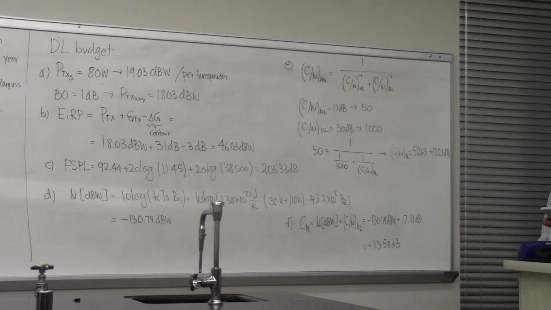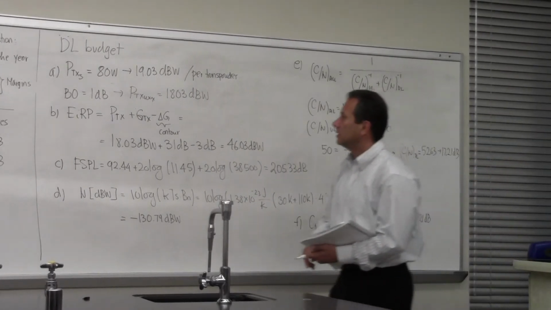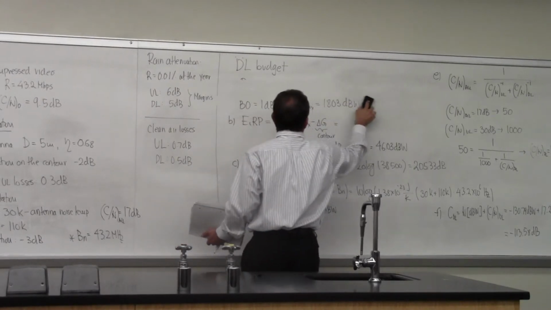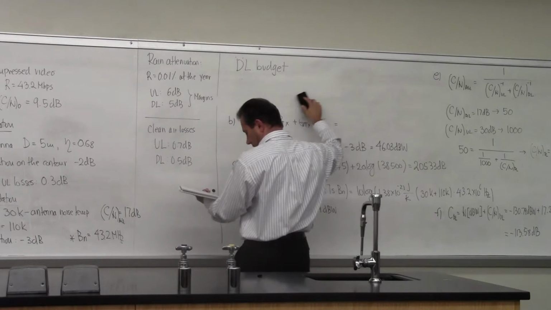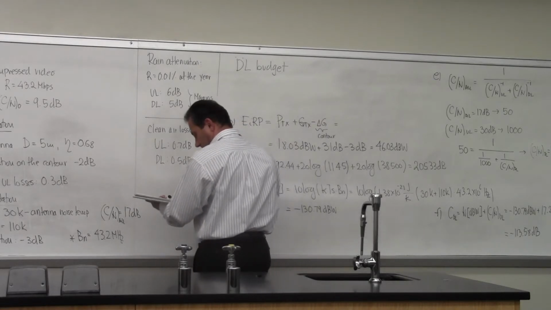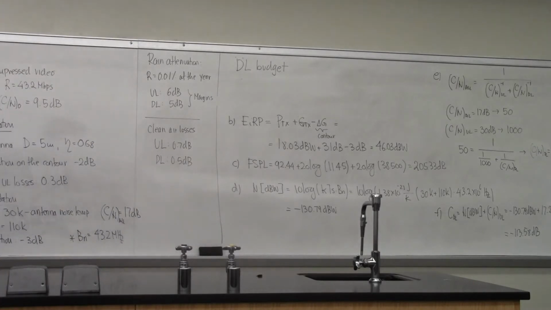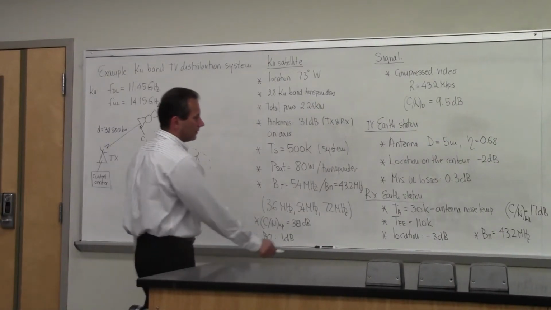So that's the C on the downlink, and then we're going to put the overall equation that will allow us to calculate what is the gain of the receive antenna. Right? What is the gain of these antennas? That's the unknown parameter here.